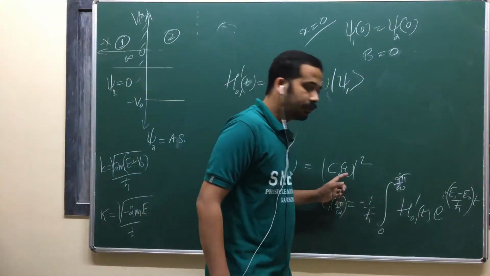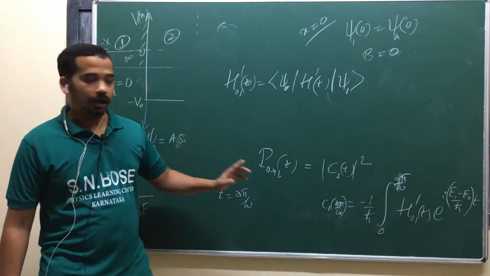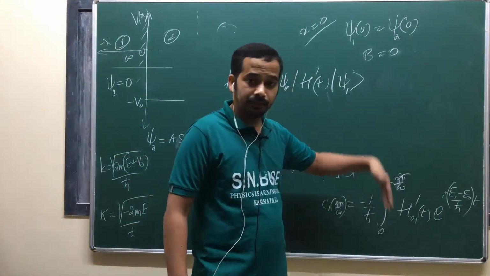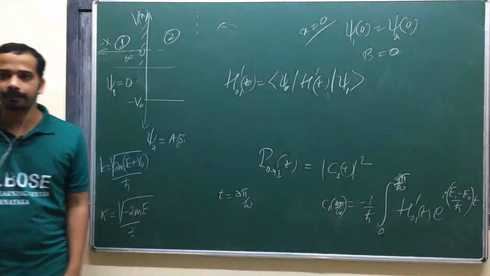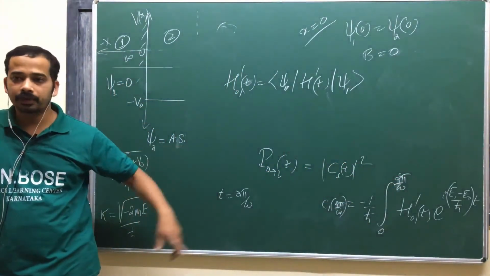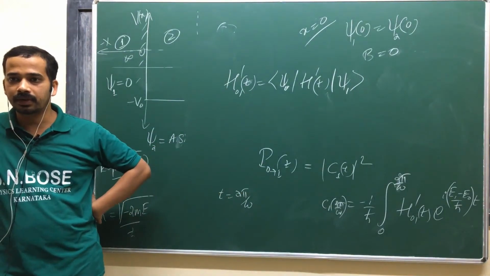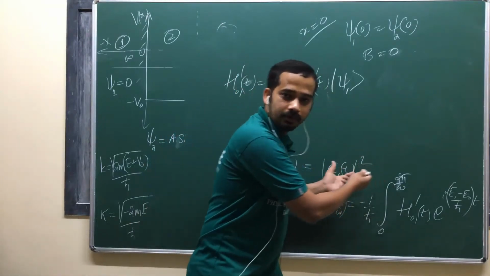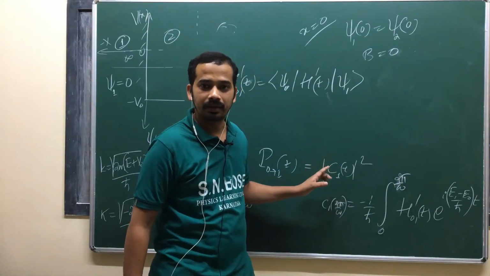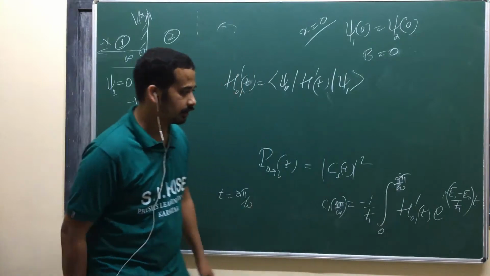You take the mod square, and you will quickly get the answer. If you keep t as it is and later substitute t, that would be lengthy. That's what I'm saying. While doing the problem itself, you take this limit. Later substituting t is not a good idea. Here itself it will be simplified.